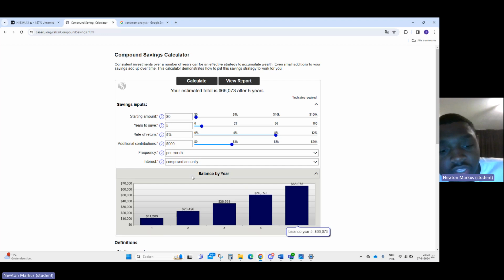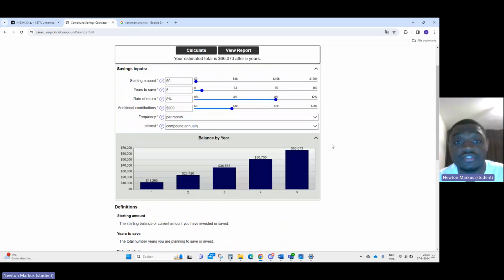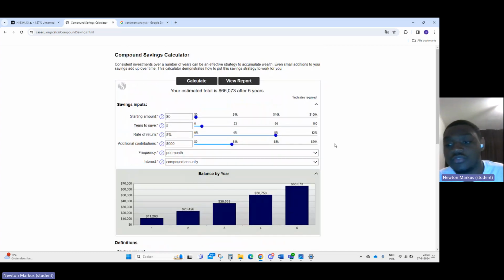So if you compound the interest of your investment every year, then you would have $66,000 after 5 years. That's a lot of money. If you start when you are 25, you have $66,000 when you are 30.